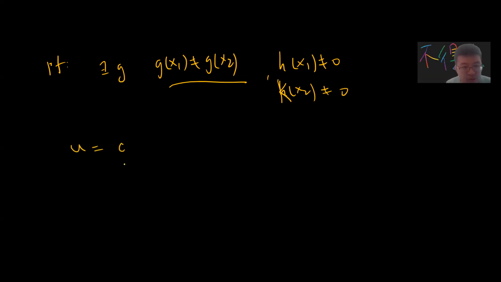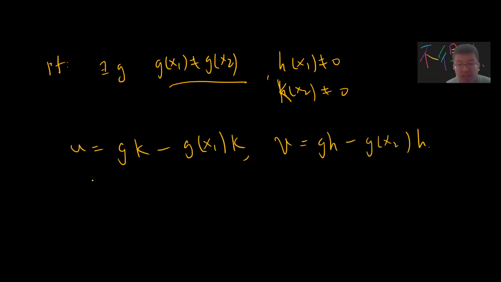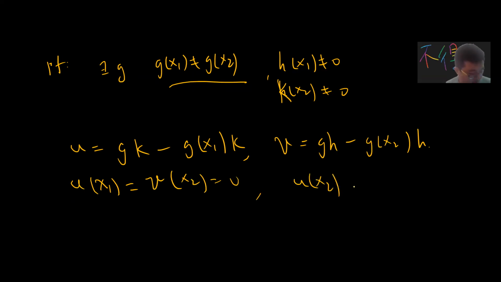You can define u to be g(x)k minus g(x1)k, and v to be g(x)h minus g(x2)h. Then it is easy to show that u(x1) and v(x2) are 0, but u(x2) is non-zero and v(x1) is non-zero.